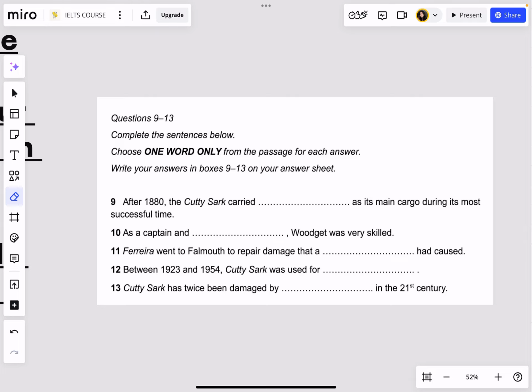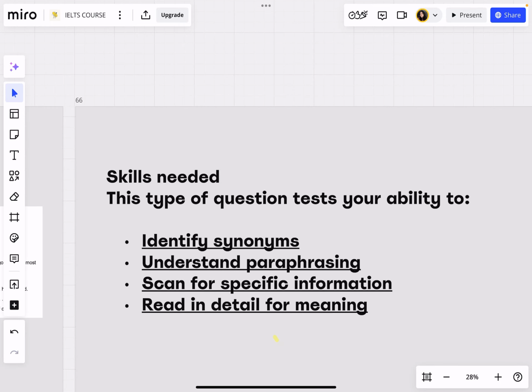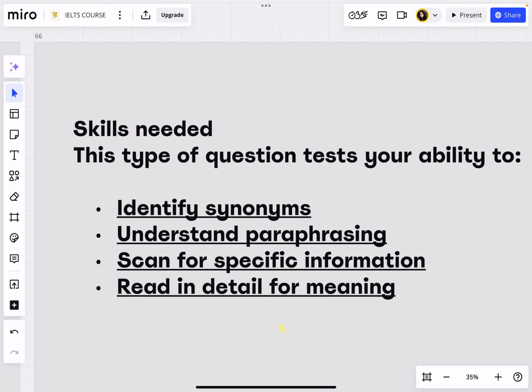In listening, okay, so what skills do you need? First of all, you need to identify synonyms. As you remember, I already talked about how some words don't come as written in the question, but you may hear different words that are synonyms. You also need to understand paraphrasing.